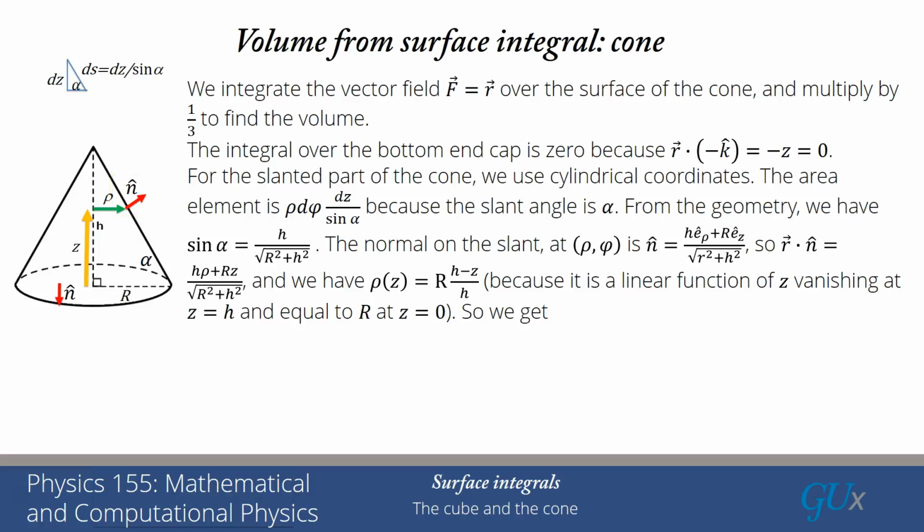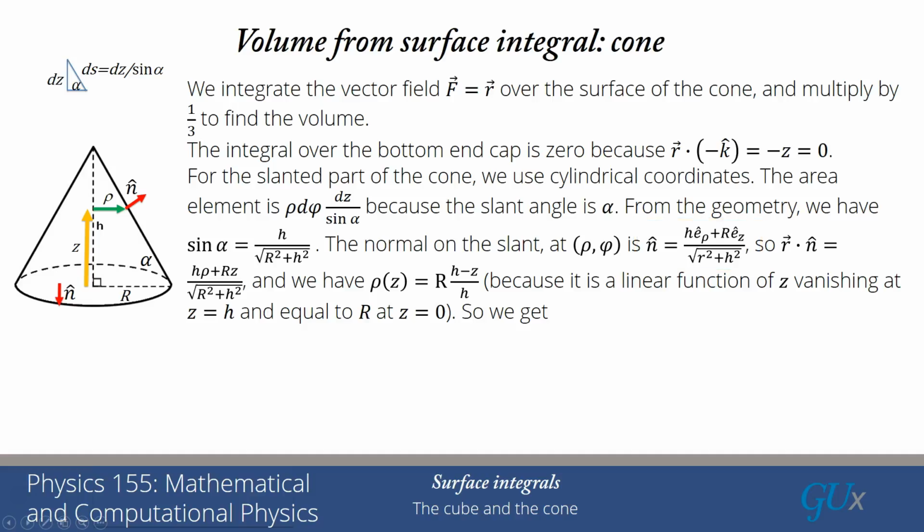It turns out that this is equal to h times e rho, being a vector that is parallel to the green vector rho, plus R times e hat z, being a unit vector parallel to the orange vector, which is telling me the z coordinate. And you have to now carefully work out this geometry. You find it's going to be h times e rho plus big R times e z. And then I have to make it a unit vector, which means I have to divide by the square root of big R squared plus h squared.